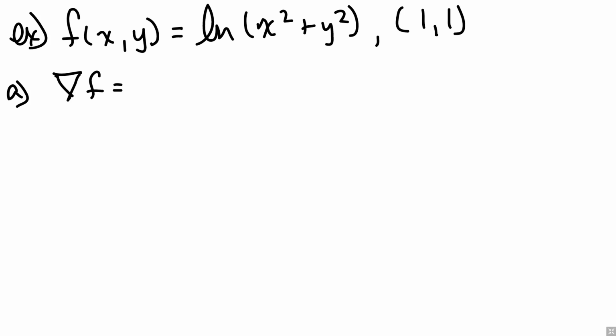Two x over x squared plus y squared. Correct. So 2x over x squared plus y squared in the i direction, plus, for the second one, the partial of f with respect to y. What would that be?